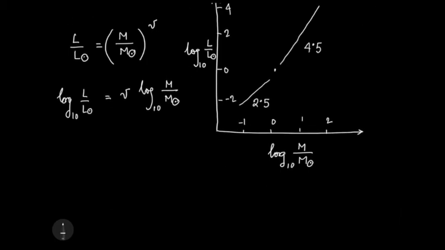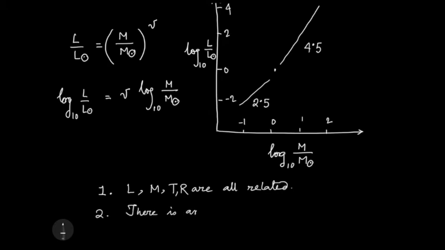Okay, so now we realize a few things. We realize that L, M, T are all related, even radius. We realize that there is an evolution.